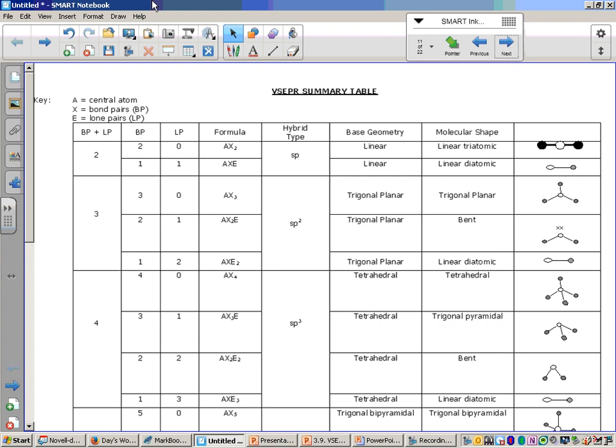If I have a molecule that has 2 bond pairs and 0 lone pairs, or 1 bond pair and 1 lone pair, then I will have 2 as the total, and it is sp hybridized. I think I might try this with this particular device today. I don't know if it's going to work. Maybe success.